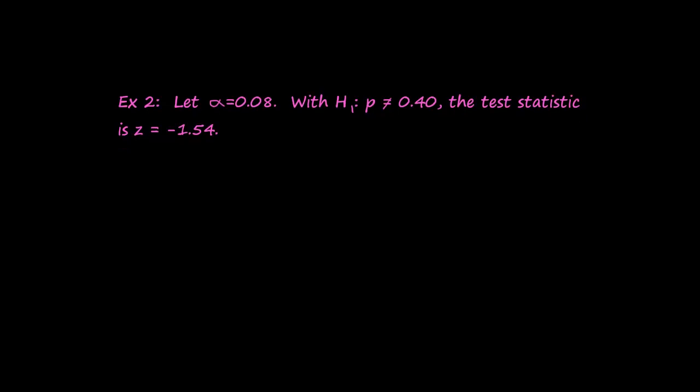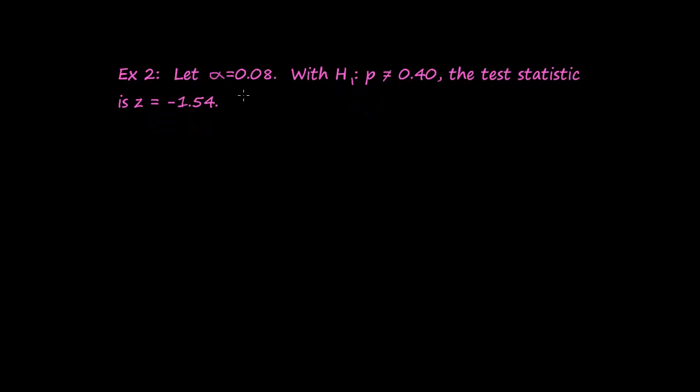In this case, we have an alpha of 0.08, and what they tell us is our alternate hypothesis is that the population proportion is not equal to, or different from, 0.4. The test statistic is negative 1.54. So recall that the alternate hypothesis tells us which type of test we have.